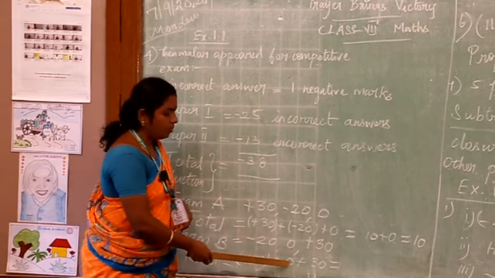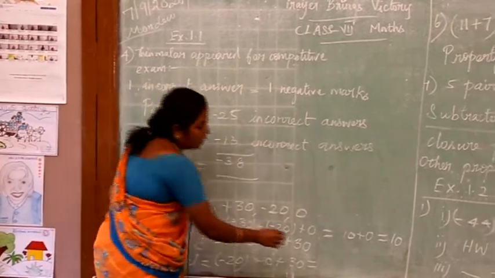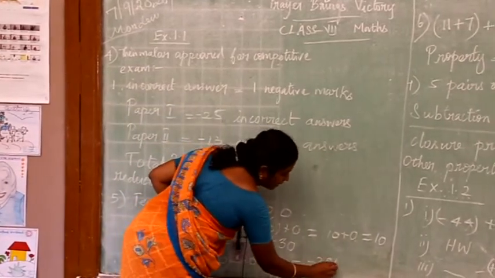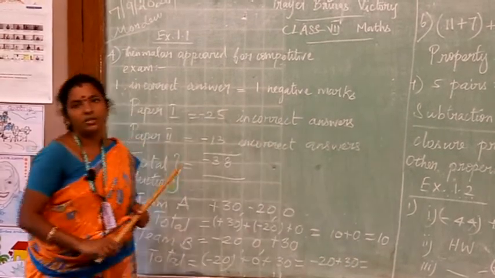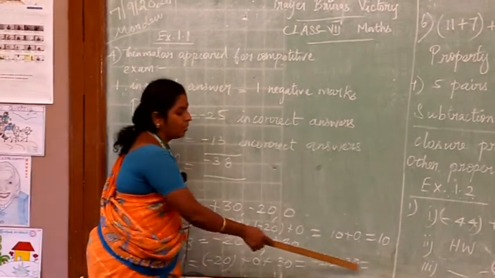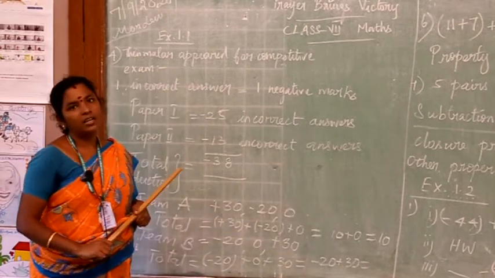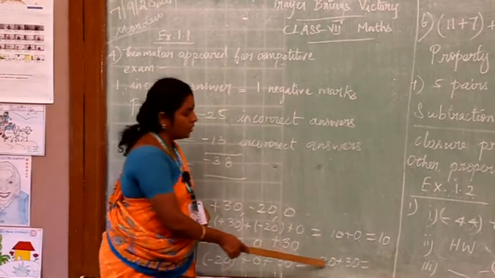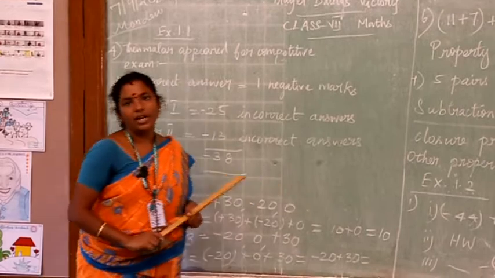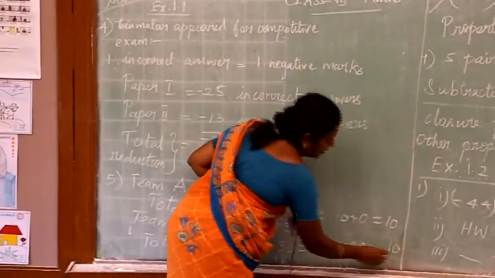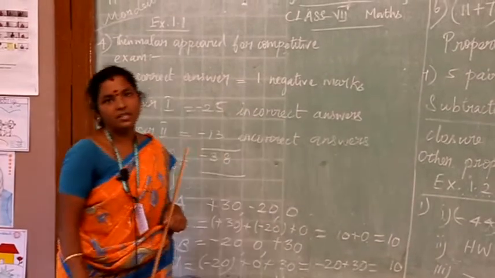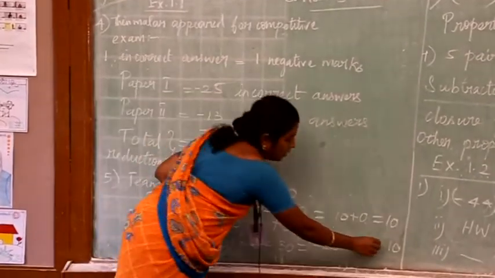Minus 20 plus 0 is minus 20, and minus 20 plus 30 has opposite signs. So we subtract 30 and 20 to get 10 and give the greater number's sign. 30 is greater, so we give the plus sign.